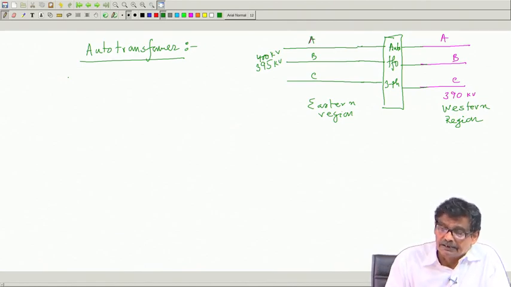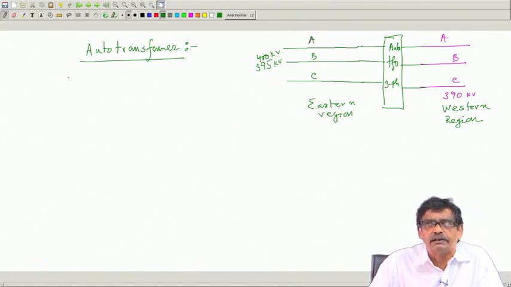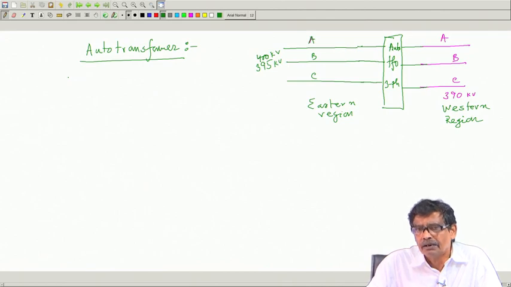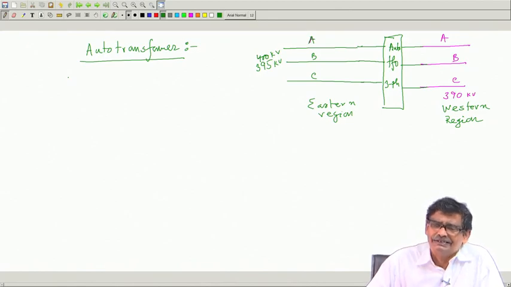So, this is one case. Or maybe you can connect an auto transformer to start a 3-phase induction motor. Of course, I must add one remark: starting an induction motor using a bulky auto transformer is not a good solution today.